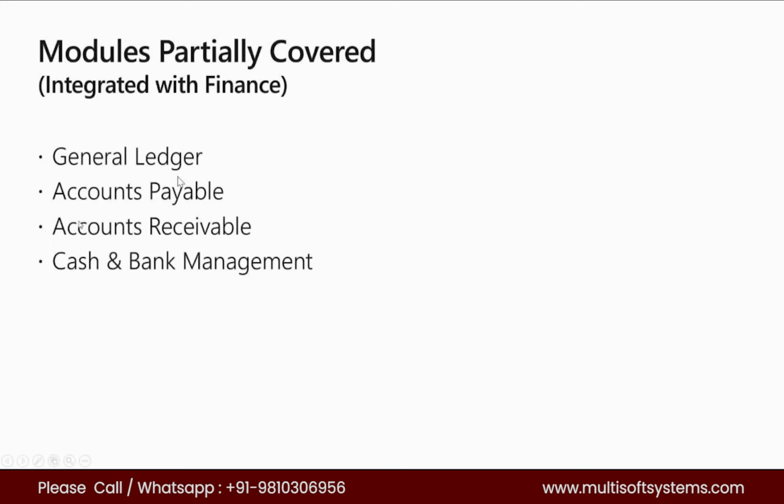For each vendor, purchase order, or customer, we need to understand: this is the customer number sequence, this is the vendor number sequence. By seeing that, we should understand this is a customer invoice and this is a vendor invoice. That number sequence we will configure in accounts payable or accounts receivable.